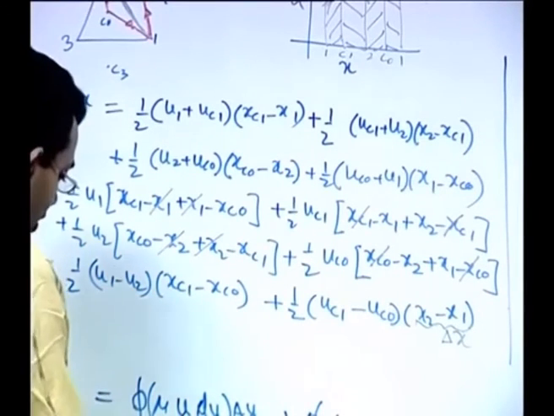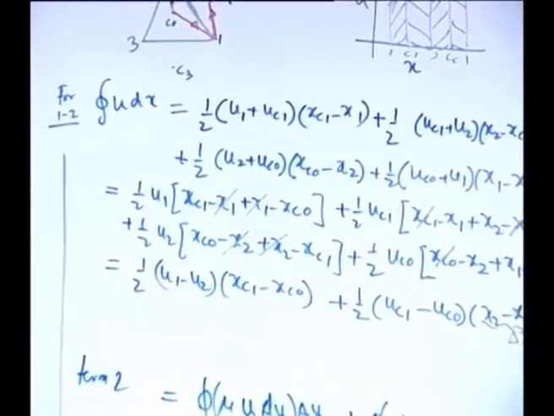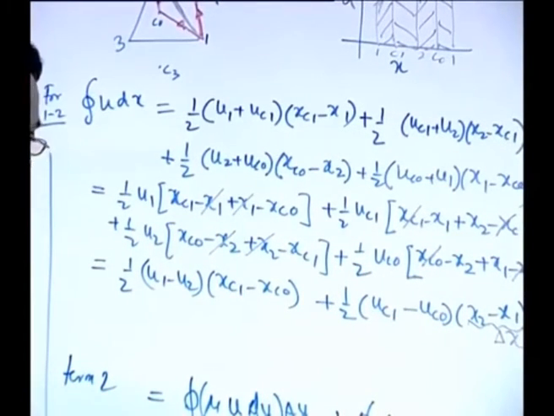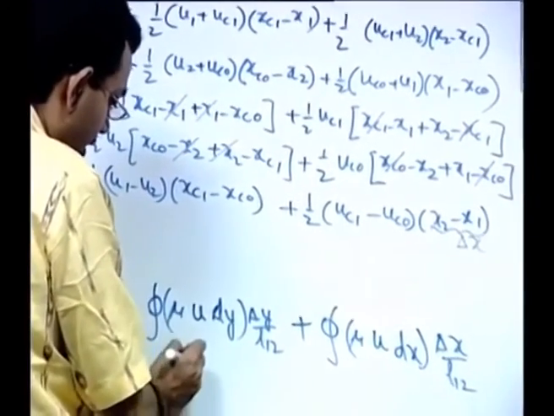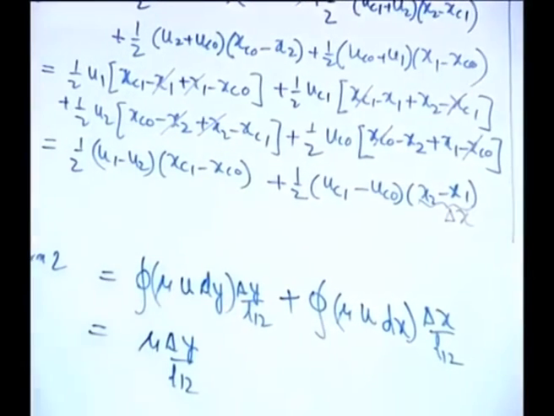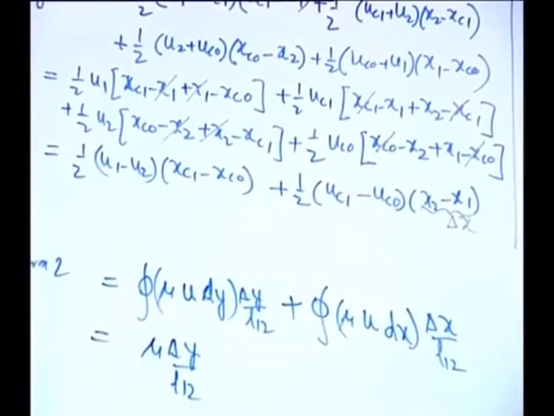So finally when you write this term 2 in its integrated form, what you get? Mu delta y by L12 into contour integral of u dy.